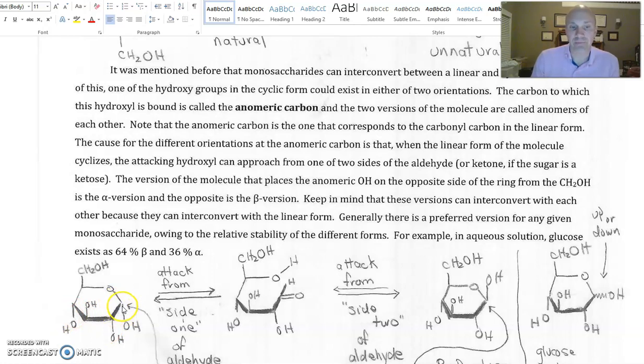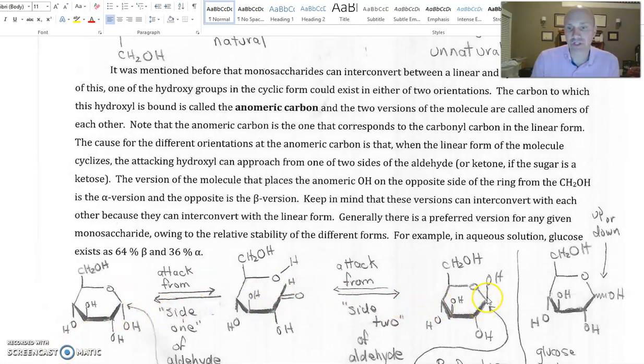All the groups are attached to the same carbons, but they're not mirror images. So that makes them diastereomers. But when you're talking about saccharides specifically, the term that gets used is anomers.